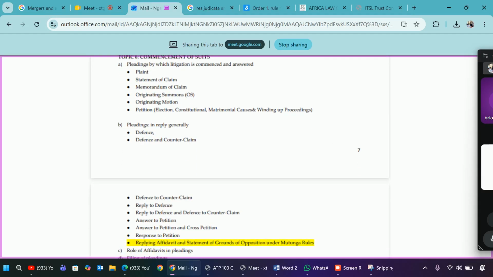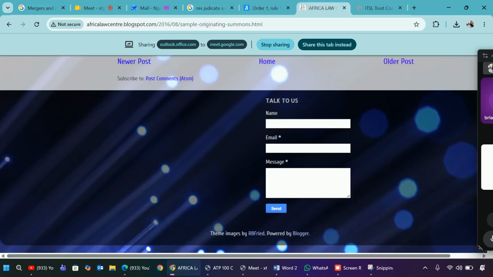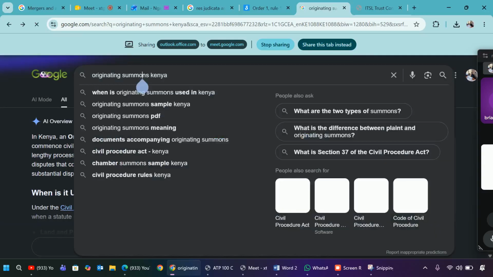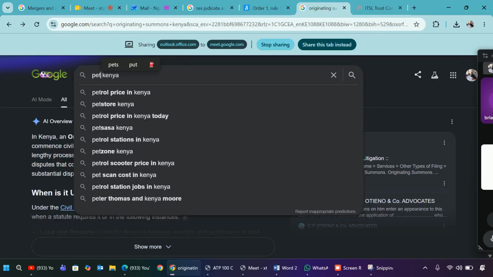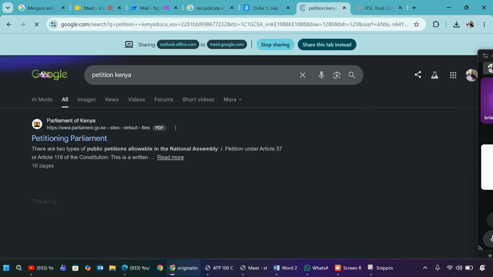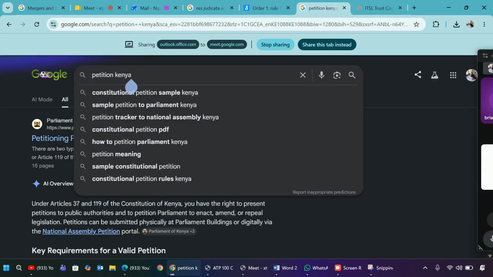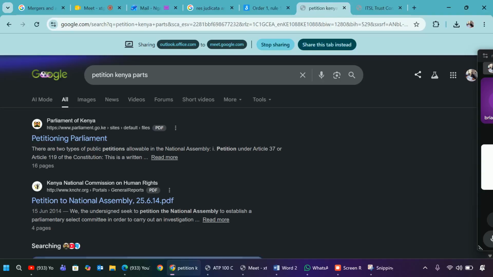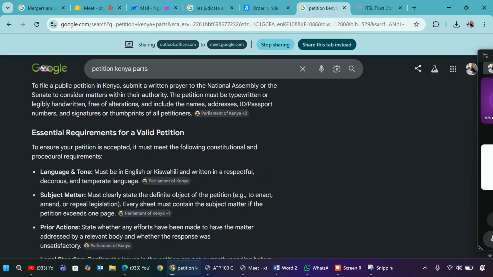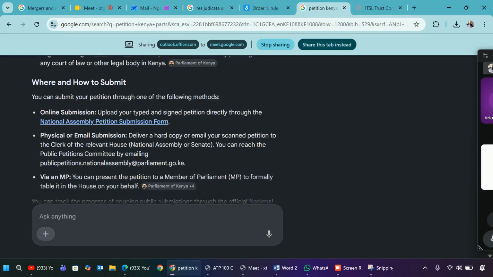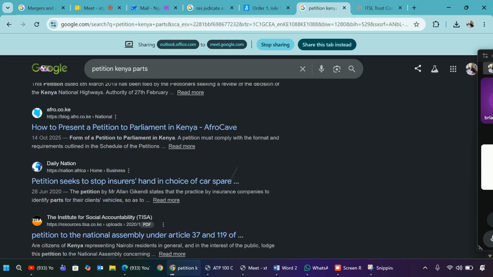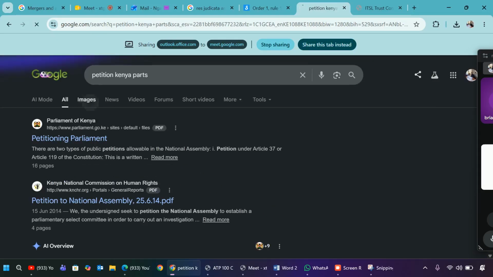How do you draft a petition? What are the key components of a petition? Let us look.